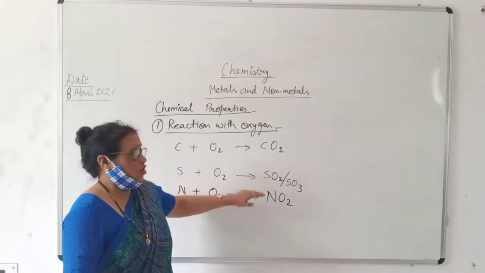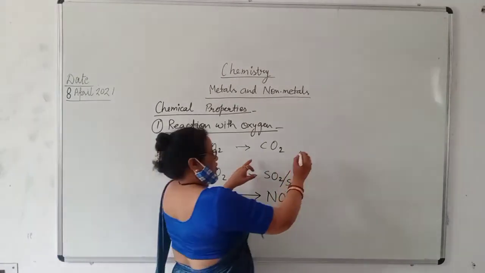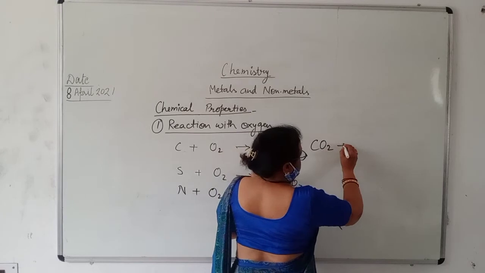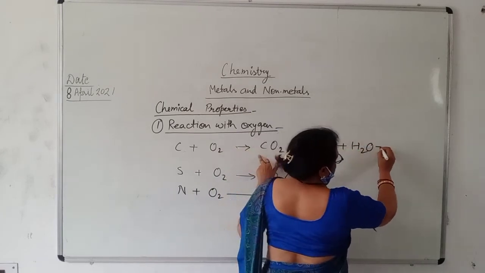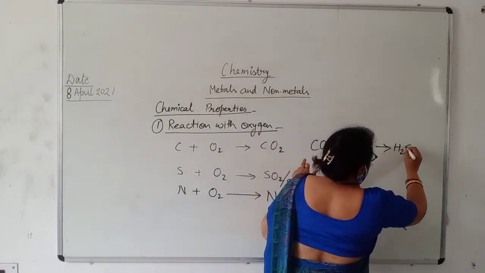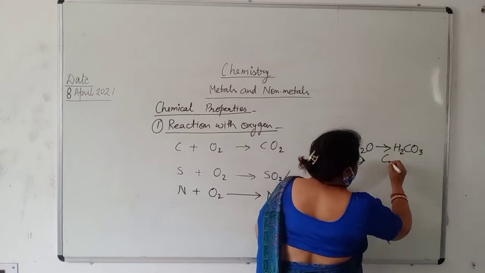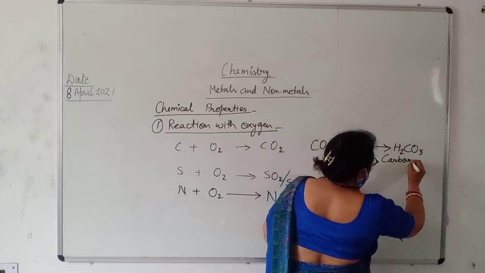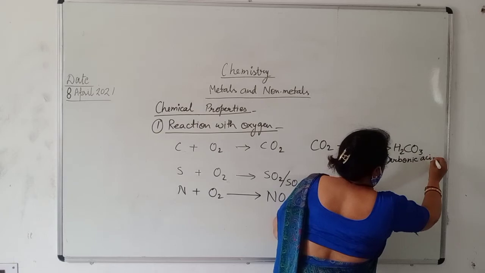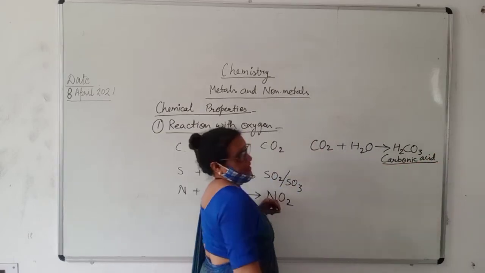Now, what type of oxides are these? If we dissolve these oxides in water, they give acids. Carbon dioxide gives carbonic acid, H2CO3.